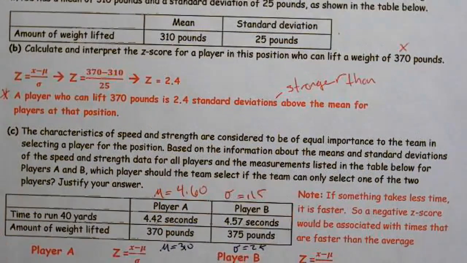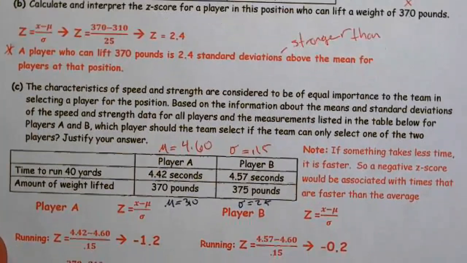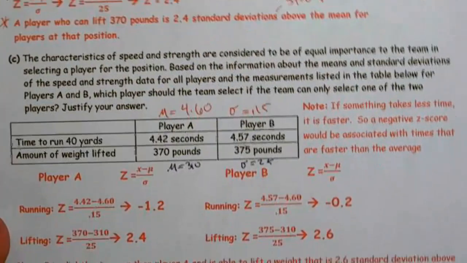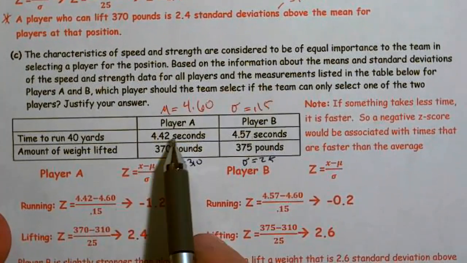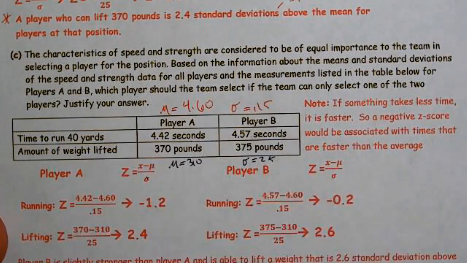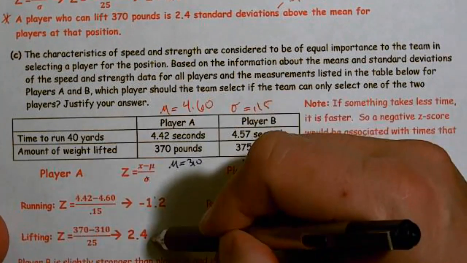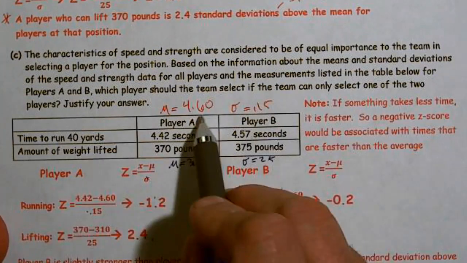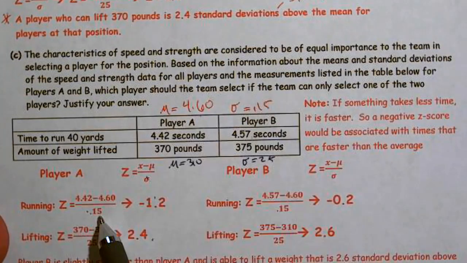So I'm going to have to calculate z-scores for each of these. Doing player A for speed, it's 4.42, because that's their speed, minus the average, divided by the standard deviation.